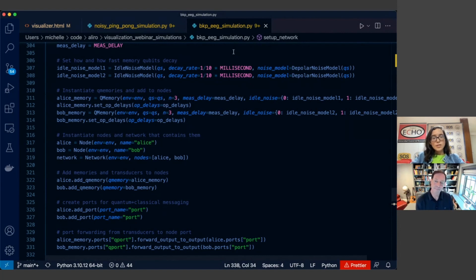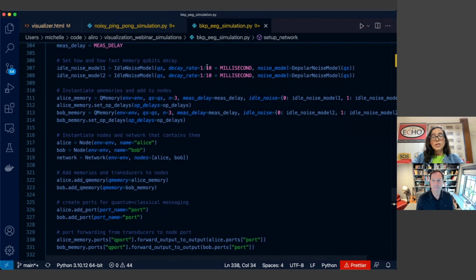So for this example, for this simulation, we are again defining two quantum memories for Alice and Bob. And this time we're going to be setting an idle noise model on each of the memories that has a better coherence time. The decay rate here depends on the coherence time of our memories.